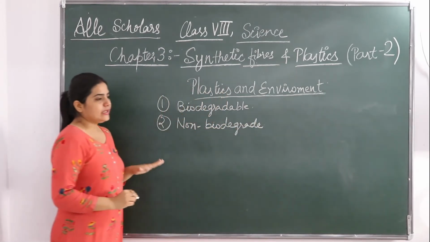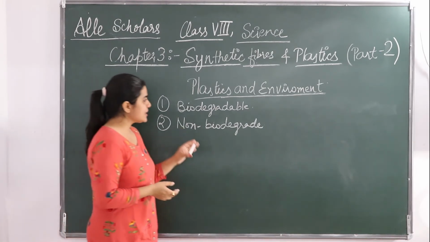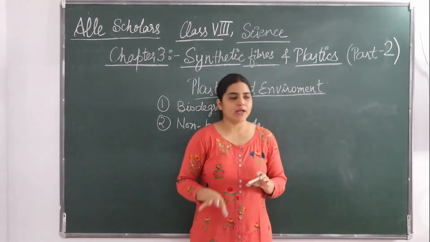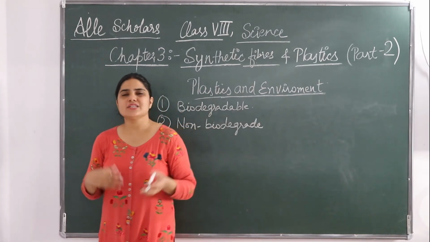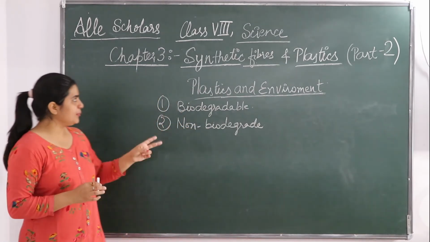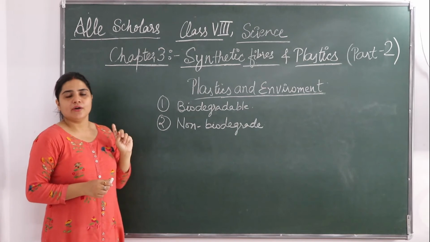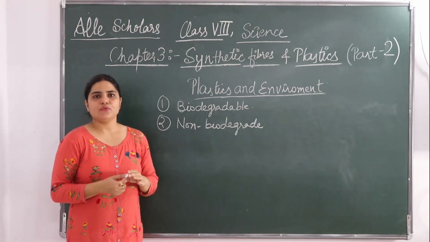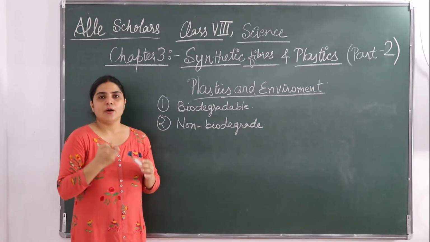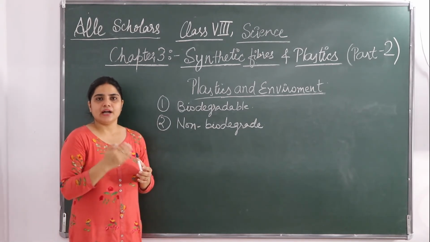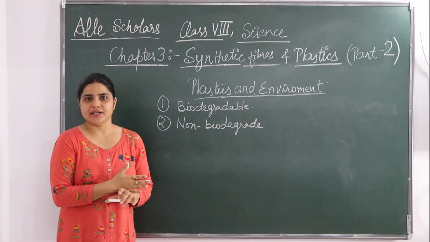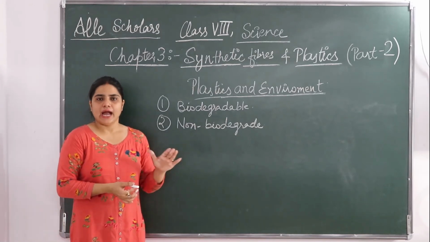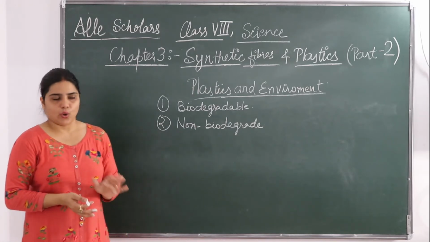So what is biodegradable? A material which gets decomposed through a natural process, such as by the action of bacteria. If you remember in chapter 2, bacteria are microorganisms, and they are used as manure and all.